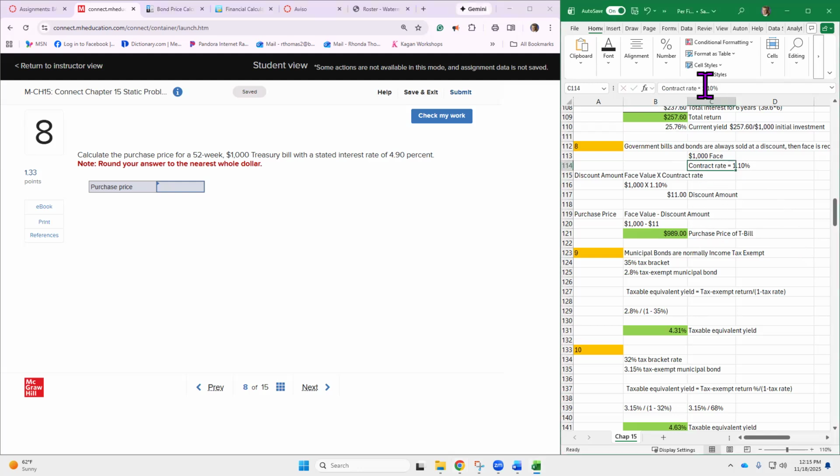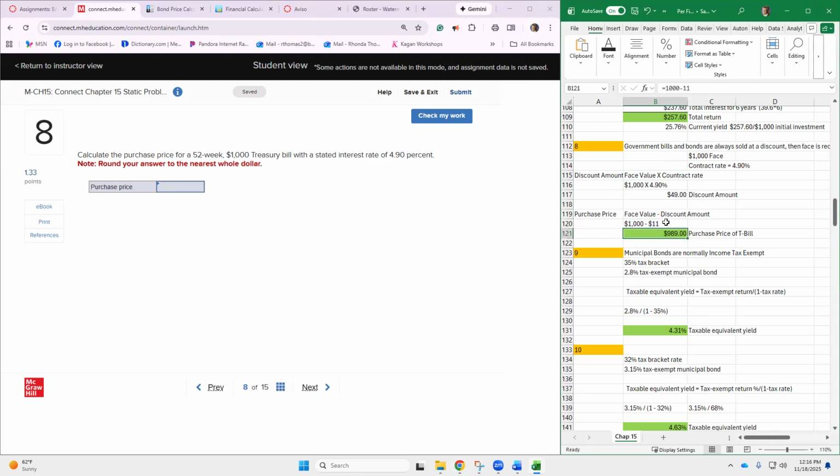And it pays 4.9%. Like I said, you can treat a bill like a bond. It's usually just a shorter time span. Bills, I think, are almost always in weeks. So we want to take $1,000 times 4.90%, and that's how much we will subtract from the $1,000. So $1,000 times 0.049 is a $49 discount, right?